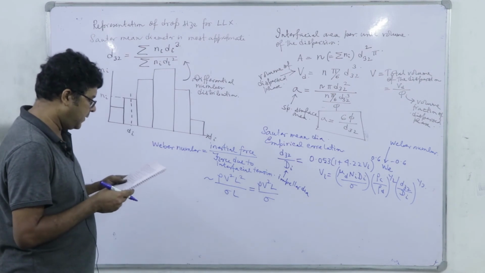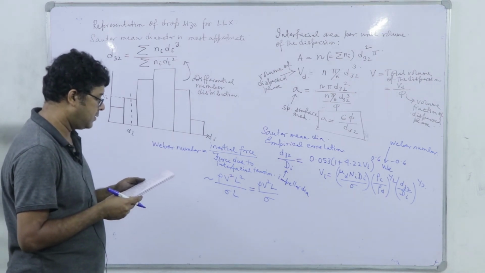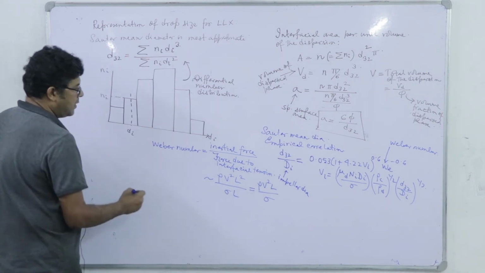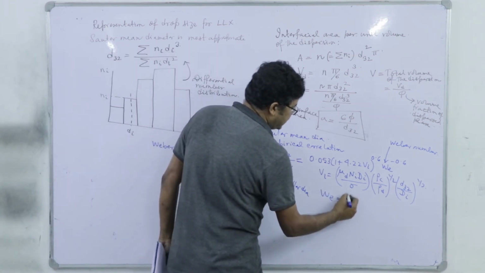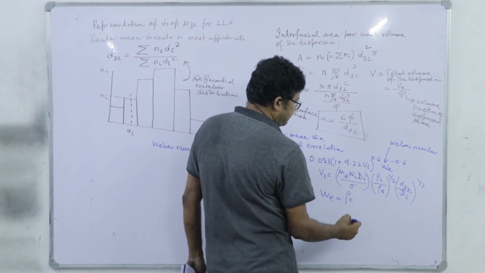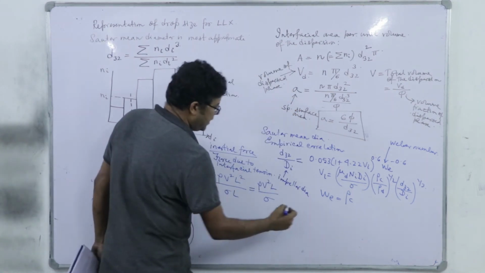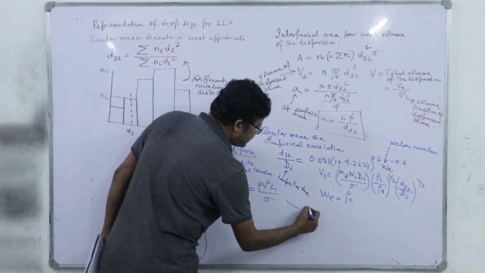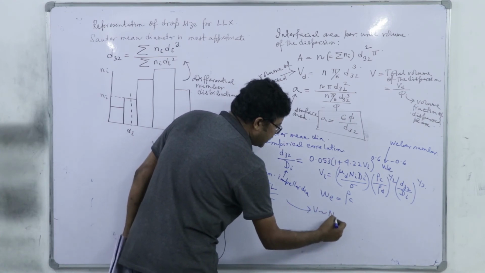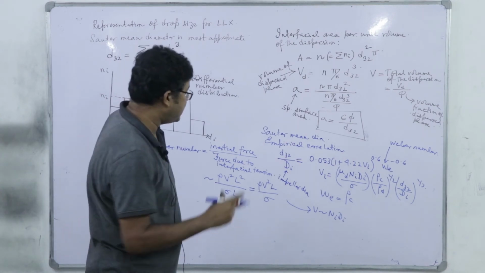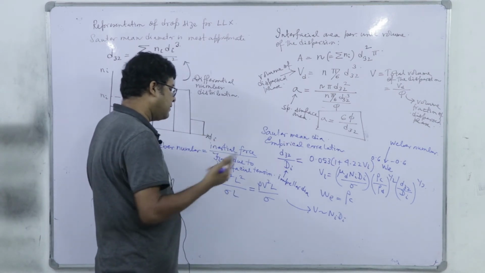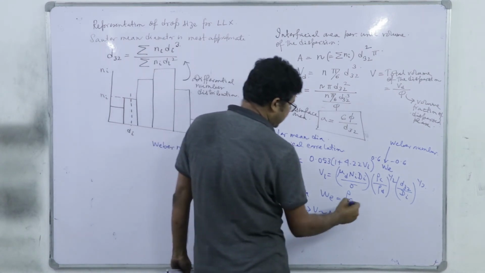So, for the specific system, Weber number here we can define based on continuous phase as rho c. Now, V, see, for this system, V is in the order of Ni di. Why? Because pi into Ni into di is V, the tangential speed, that is a characteristic velocity.